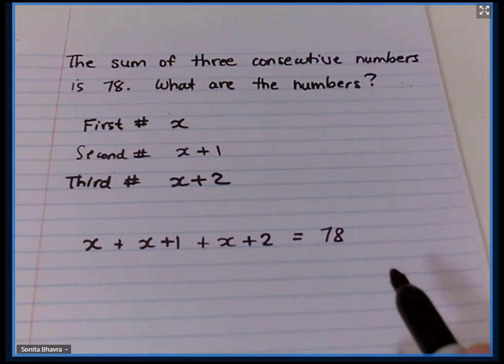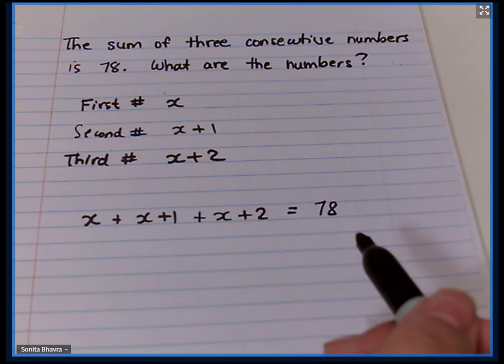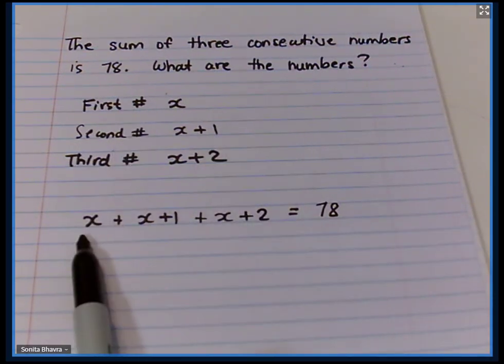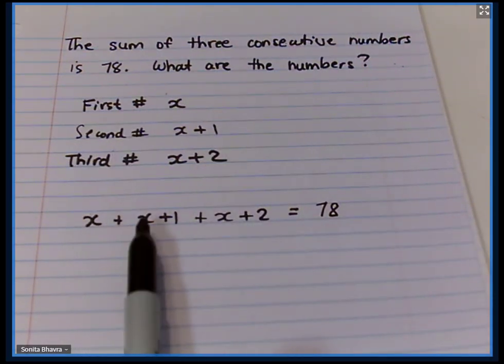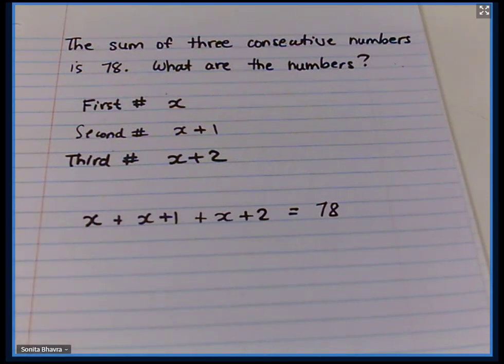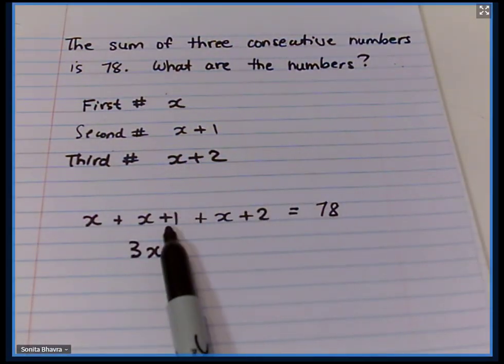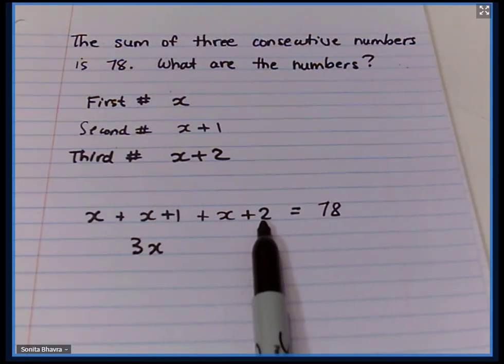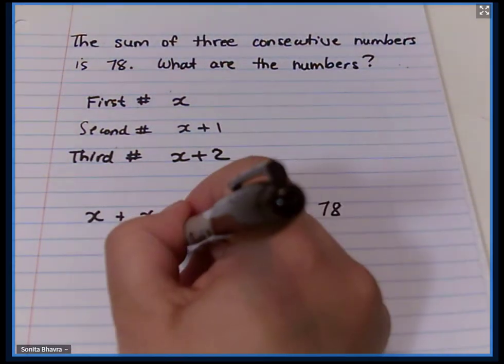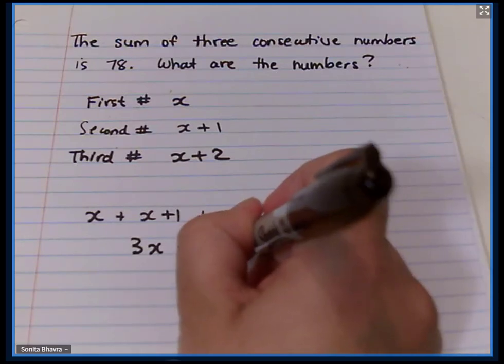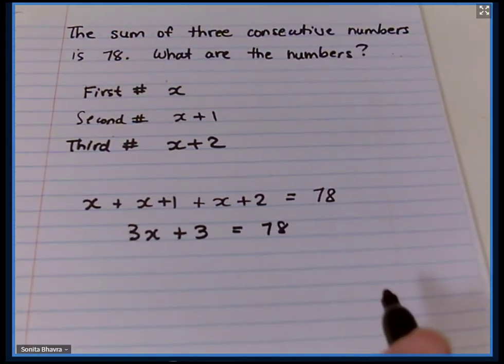Now we have our equation, so we just have to solve for x. Start by collecting all your like terms. We have x, x, and x, that's 3x. And then we have 1 plus 2, which is 3. So 3x plus 3 is equal to 78.